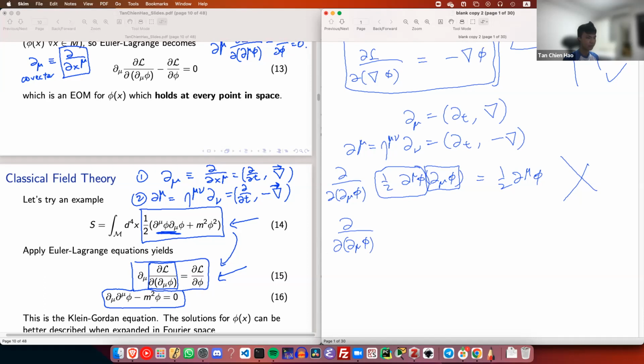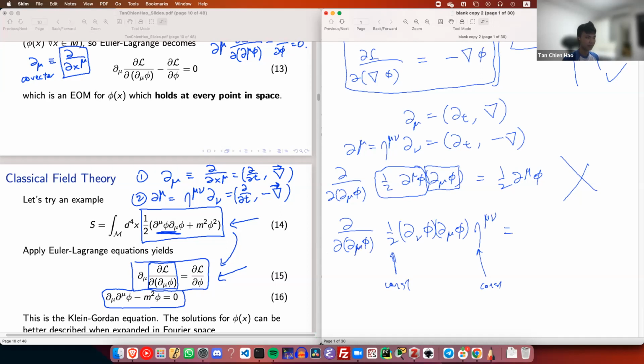The answer is that to get the correct result, we need to use the index notation. We need to consider this as a contraction of this with mu and nu, with the Minkowski metric. Now both of them have lower indices, and this is safely just a constant, and the half is also a constant. From here, I can apply the product rule.